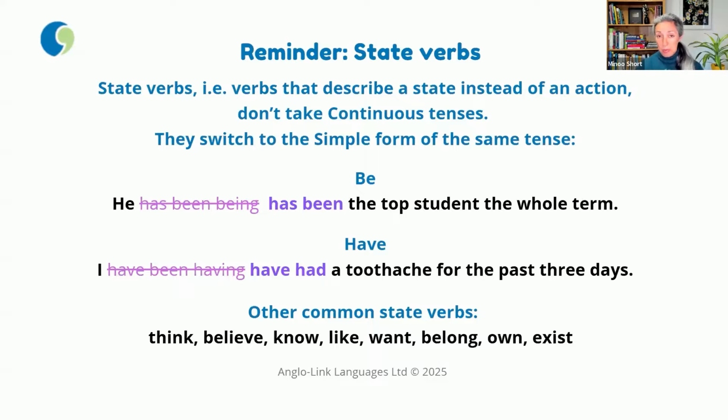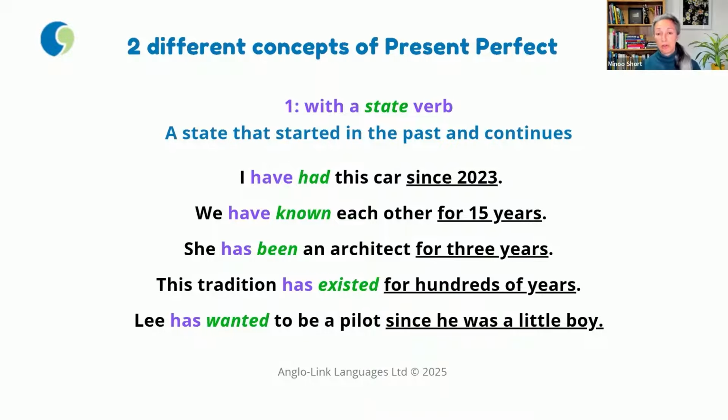This means that the present perfect simple tense has two very different concepts. When we use it with a state verb, it's a state that started in the past and continues. For example, I have had this car since 2023. We have known each other for 15 years.